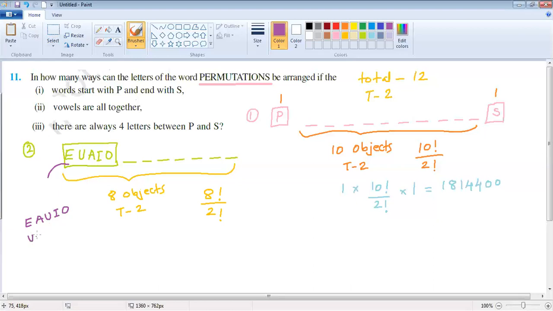There's U A E I O or A I O E U, like so many ways we can arrange those five letters. We have to take all the five at a time, so they can be arranged in 5 factorial ways.